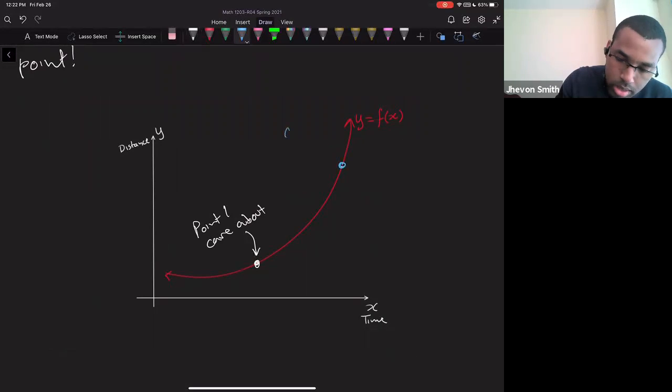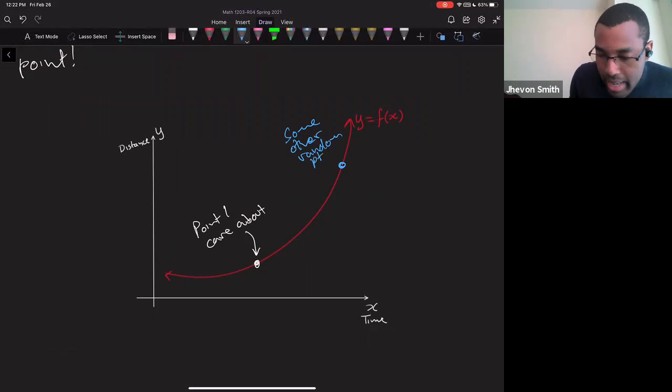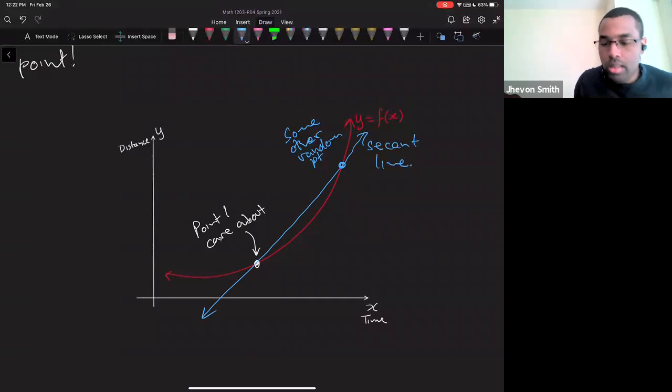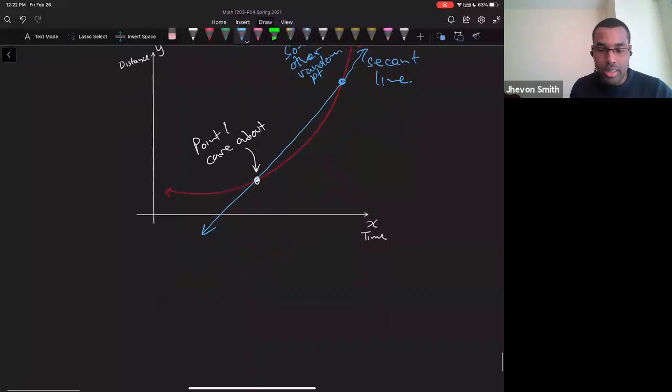Here, some other random point. Notice that I can actually connect those points with a line. We know that line already. We call that a secant line. And so I can actually measure the slope of that line.